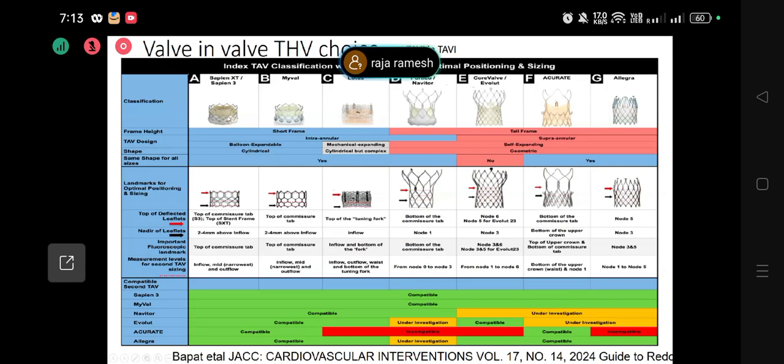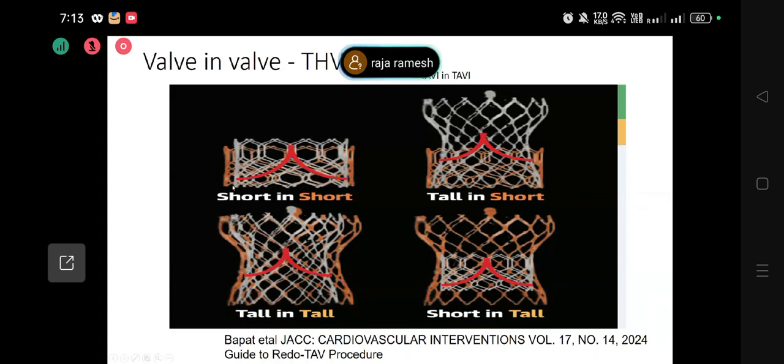Suppose the patient is having a Sapien valve, then we have to choose a valve such that when we are placing it, this neoskirt height should be at the lower level of the coronaries so that there can't be a coronary obstruction. Suppose initially there is a short valve or a balloon expandable valve.